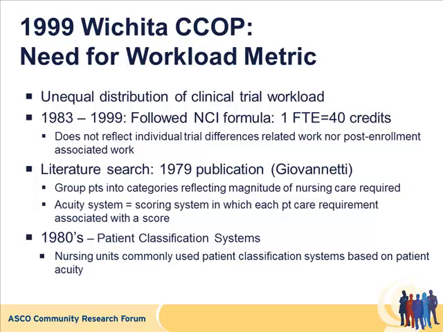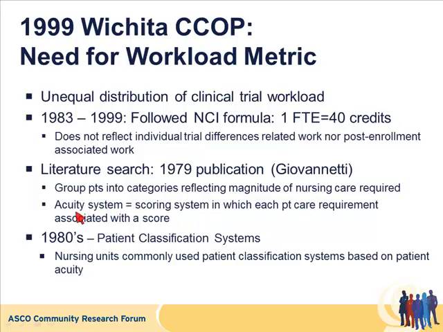So back then, there was definitely no literature related to clinical trial associated workload measuring, but we were beginning to see some literature related to measuring workload on oncology or nursing units. And Giovannetti, back in 1979, began to work with grouping patients into categories on nursing units.